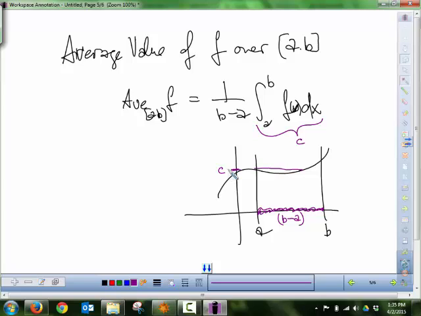It should be somewhere within your interval, some representative that would represent the heights of your function. Geometrically, what this means is that if you draw a rectangle that has a height C, then the area of this rectangle is going to be the same as the area under that curve. Does that make sense?